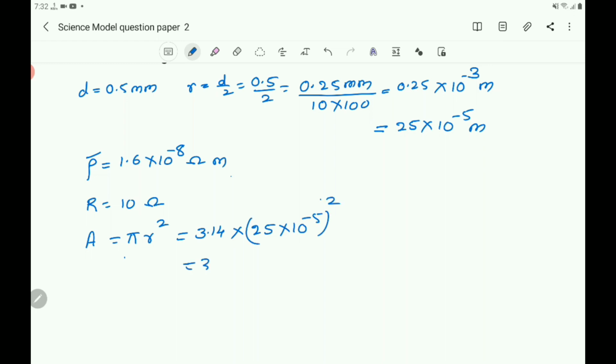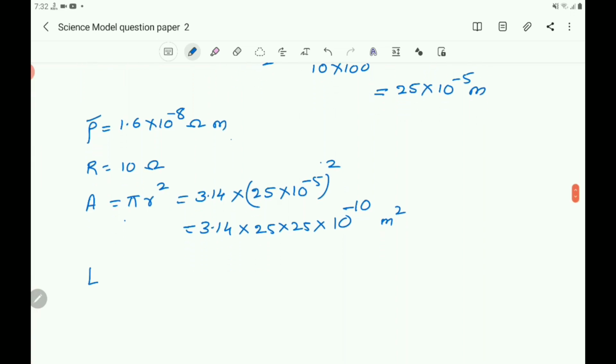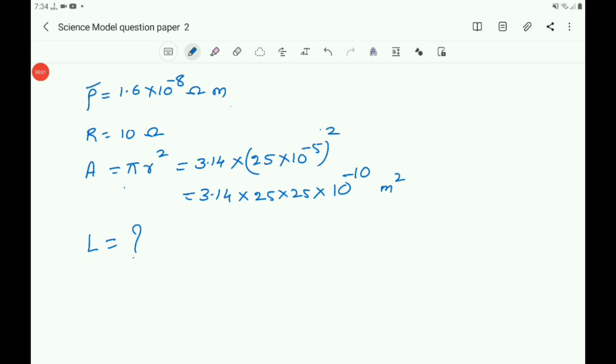That becomes 3.14 into 25 into 25 into 10 power minus 10, so you get 10 power minus 10 m square. Now again you write L equals question mark, and the relation among all these four.